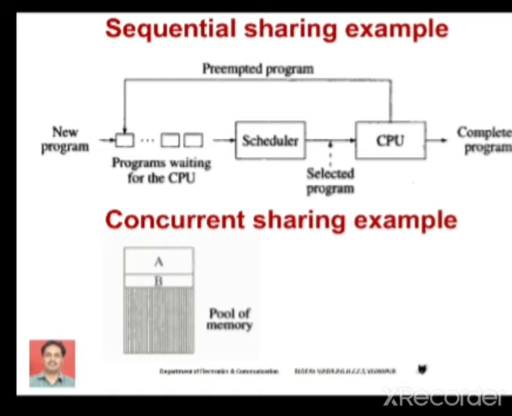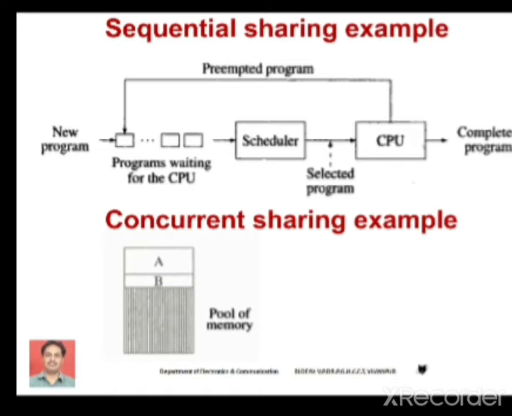Okay, just go through the first diagram. You have a list of programs, that is, the programs which are waiting for the CPU. Then you have a scheduler. As we discussed, the scheduler is that part of the operating system which selects a program to be executed next based on some policy.